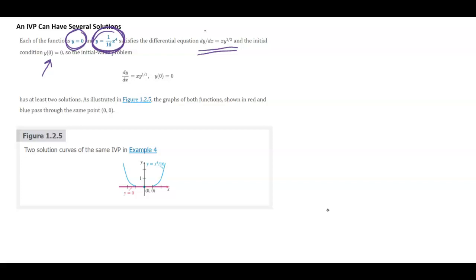Meaning, if I were to solve this differential equation using the techniques that we will learn later in this class, I might have some different solutions I need to consider. And so sometimes graphing and knowing things about the situation will be really helpful for us to determine which one of those two solutions is the correct answer.